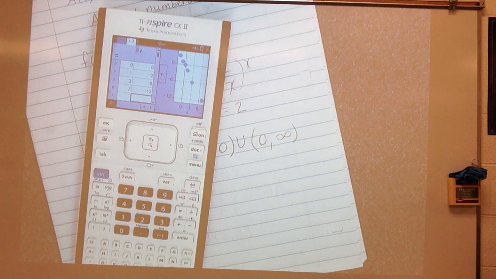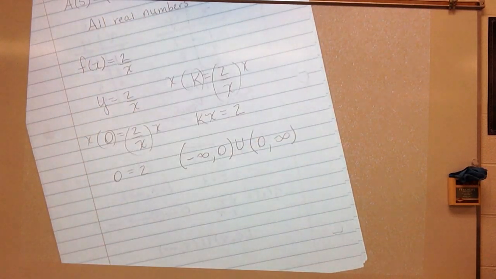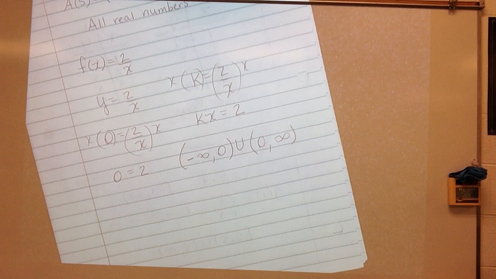Look at the third one. Notice my x values are starting at negative, going to positive. Then look at my y values. They're starting at negative, going to positive. So what do we think about this? Could we be looking at a constant, or an increasing or a decreasing?